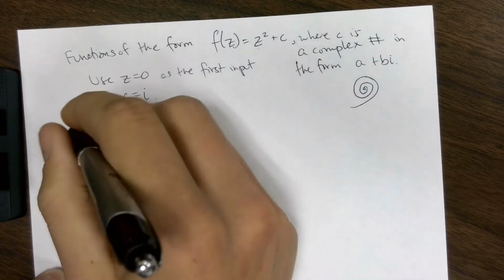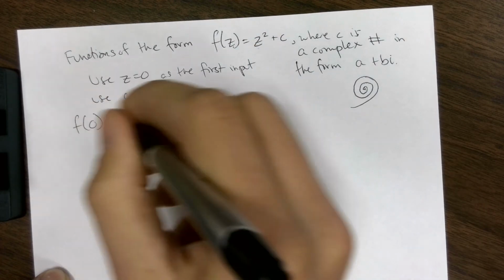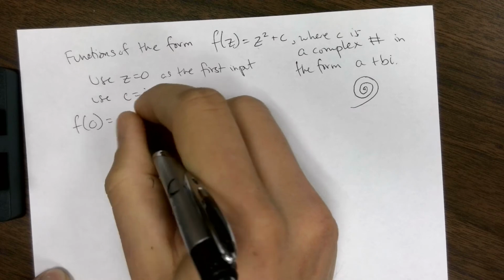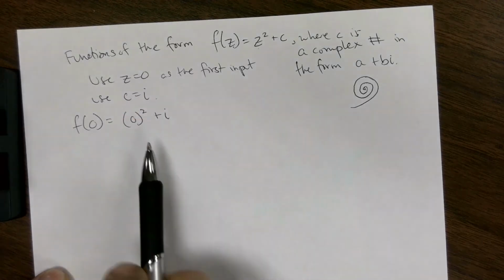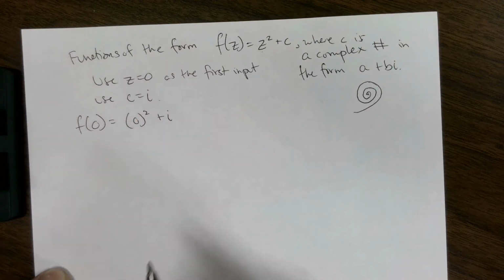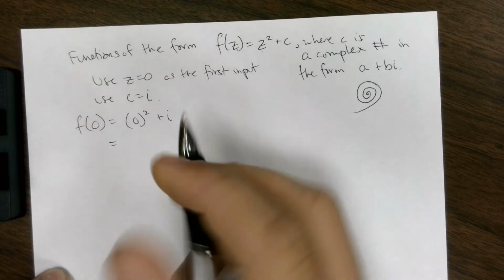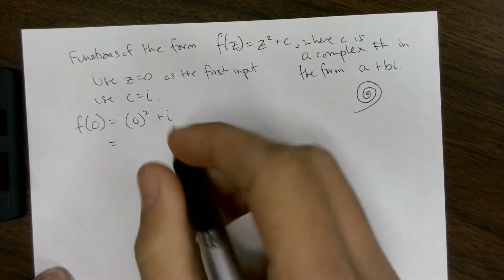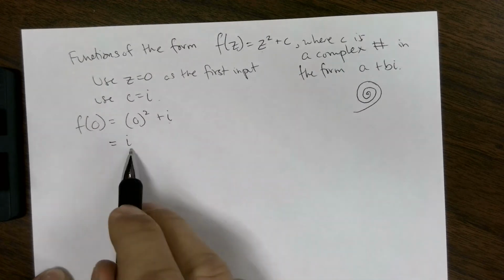So we have f of 0 equals 0 squared plus i. Well, 0 squared is 0. I just have my i left over. So f of 0 is equal to i.